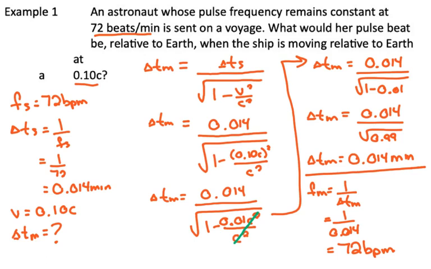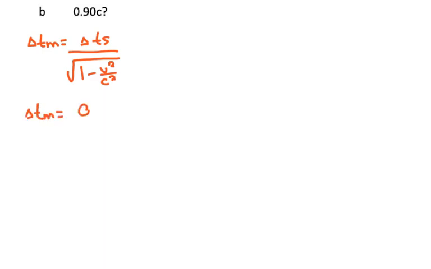So what if this ship was moving at 0.90 c, 90% the speed of light? Well, we would have basically the same calculation, except now our v is 0.90 c.